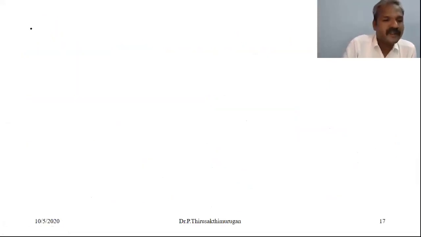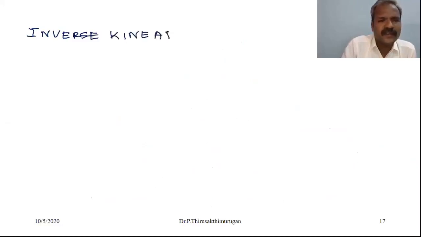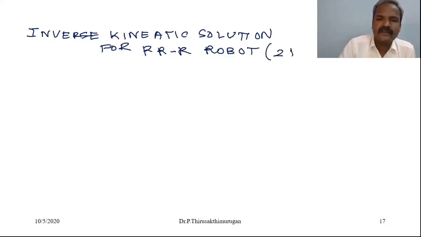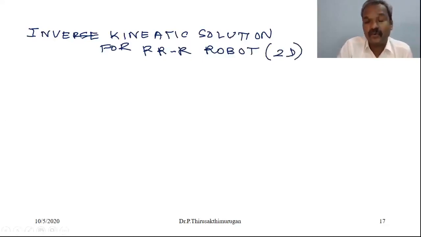So reverse kinematic or inverse kinematic solution, please do it, for R robo, but 2 dimensional.